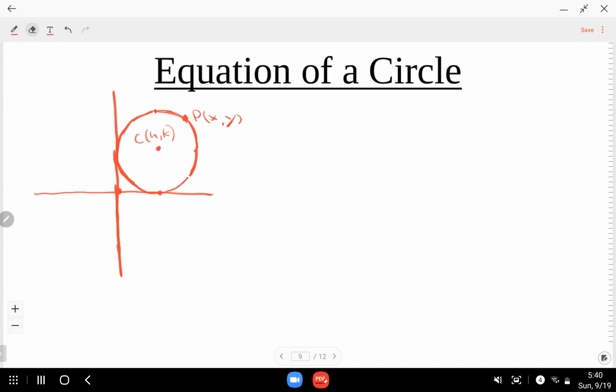So let's square both sides. So basically what we get here is (x minus h) squared plus (y minus k) squared equals the radius squared. And that is the equation of a circle.